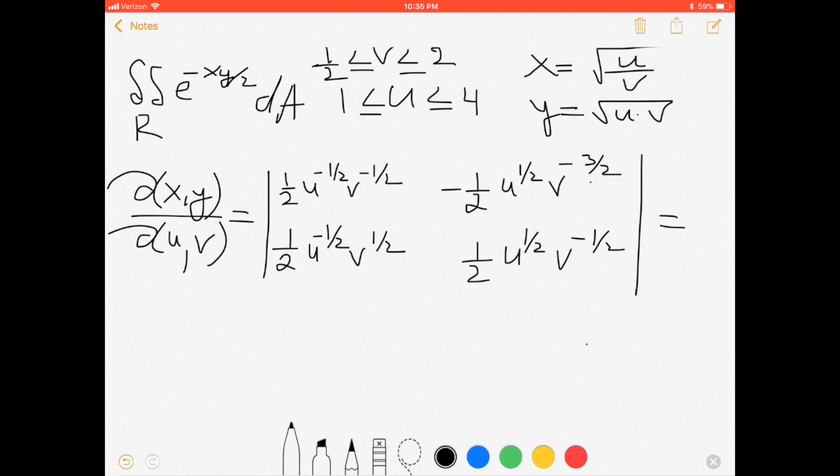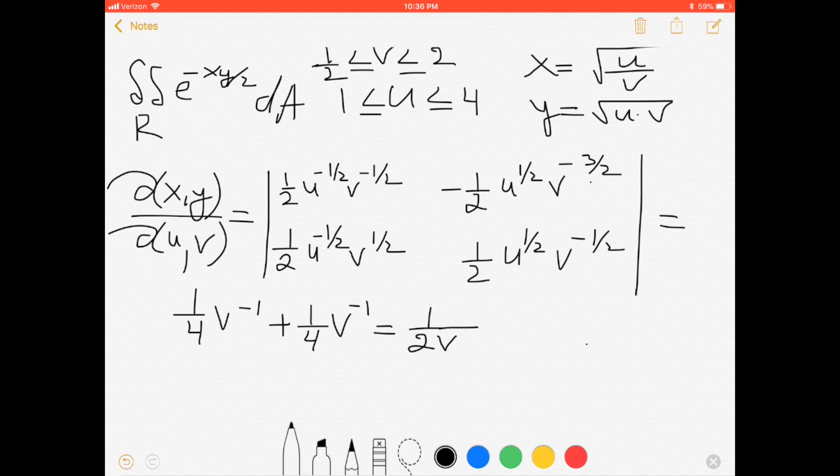Evaluate, counting your diagonals. u is cancelled and v will be negative 1. This means 1/4 v to the negative 1 power. Second diagonal, and we need to subtract. This means plus 1/4 v, u is cancelled and v is to the negative 1 power. 1/4 plus 1/4 will be 1/2, 1 over 2v.